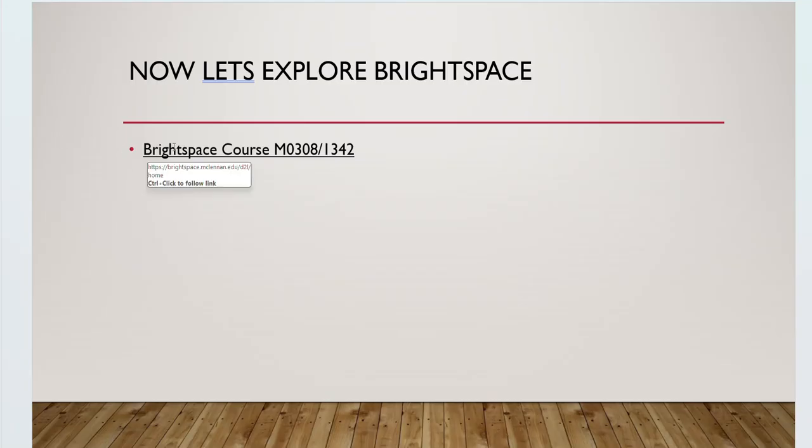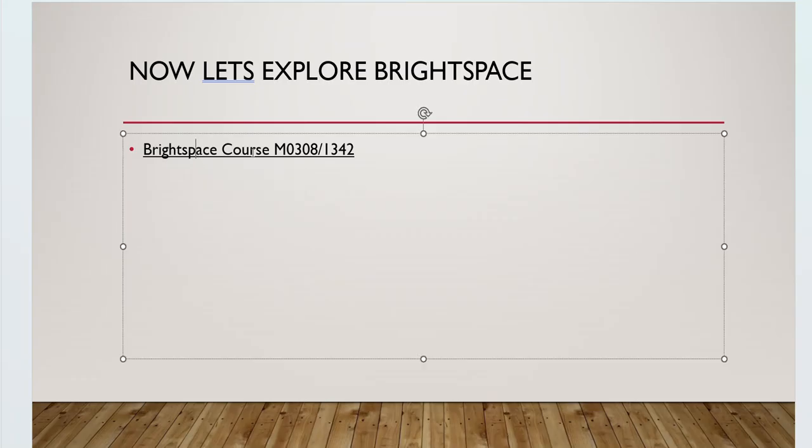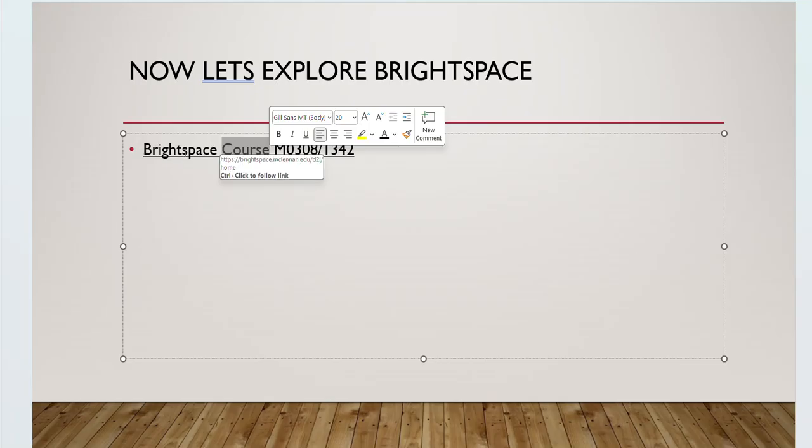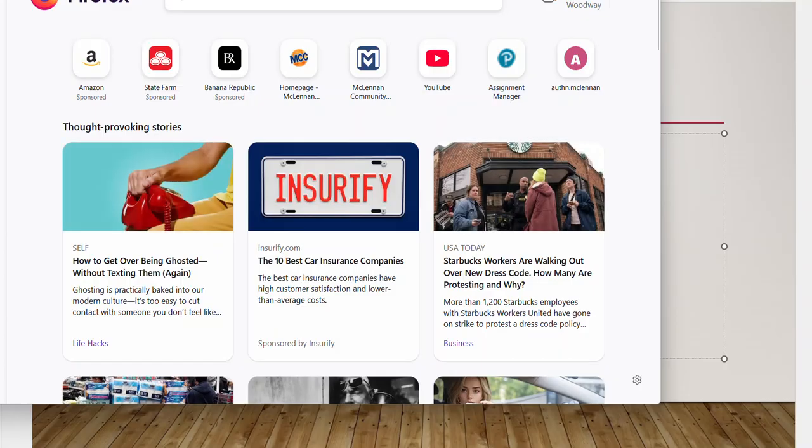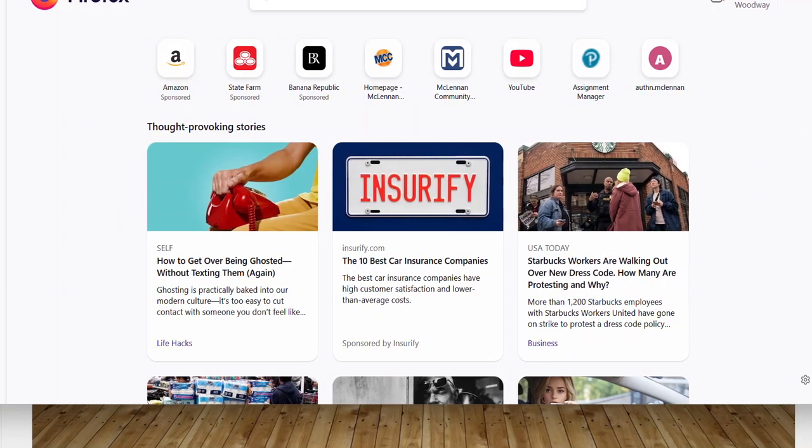It is on Brightspace, so I'm going to click on it, hopefully. Well, it's not coming up, so I will do it manually. You enter Brightspace by using www.mclennan.edu or going directly to Brightspace.